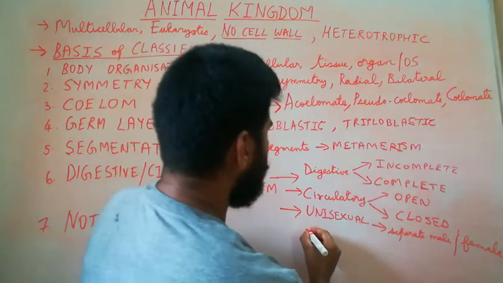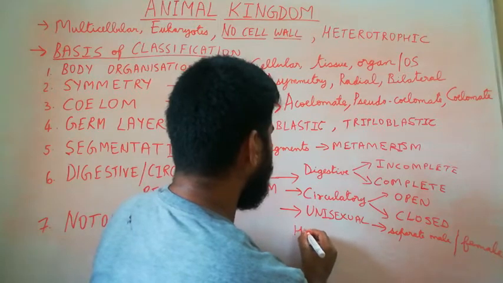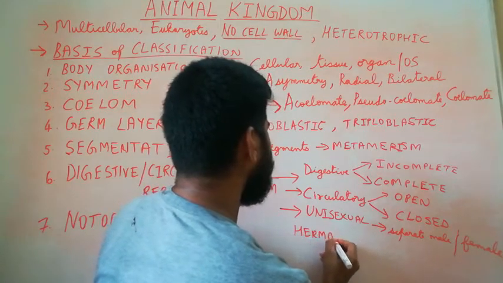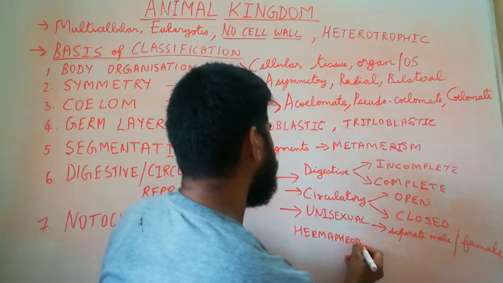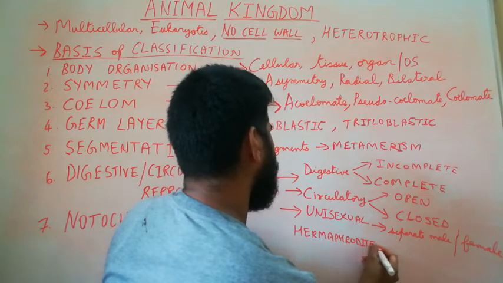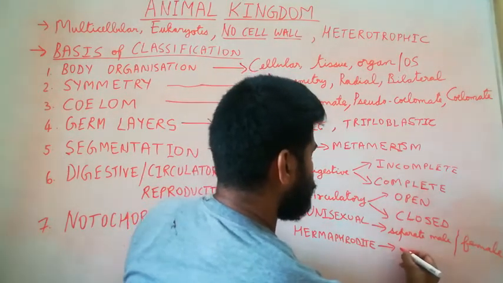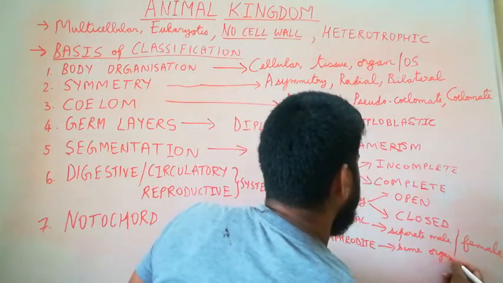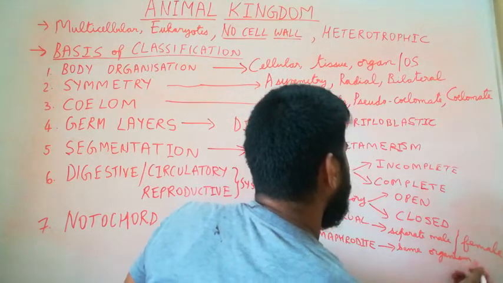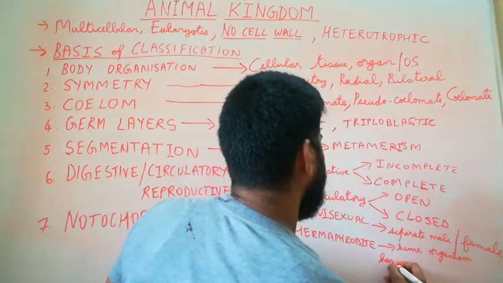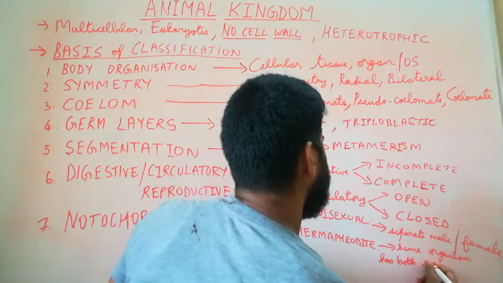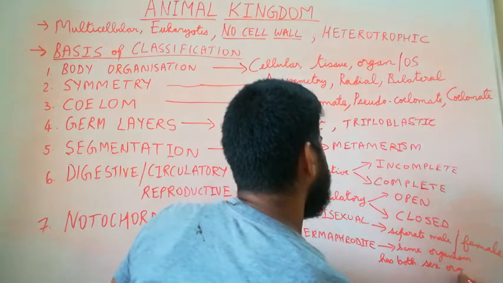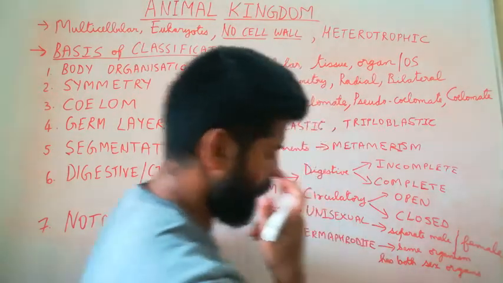Whereas we also find bisexual or hermaphroditism in animals. That is, the same organism has both sex organs, both the male as well as the female sex organs.